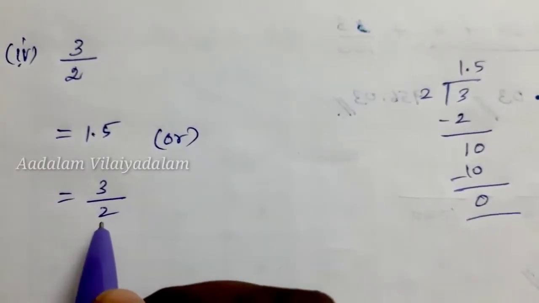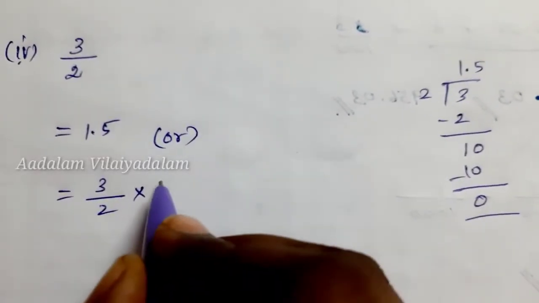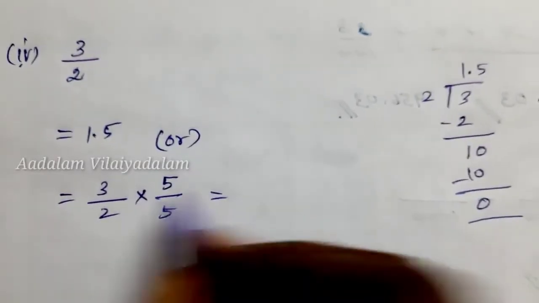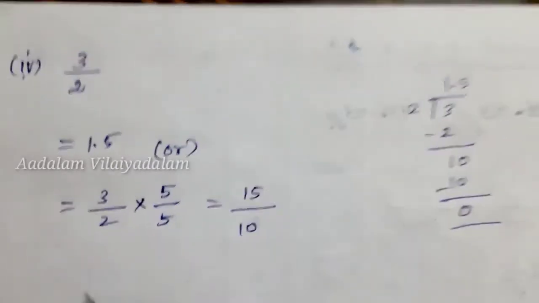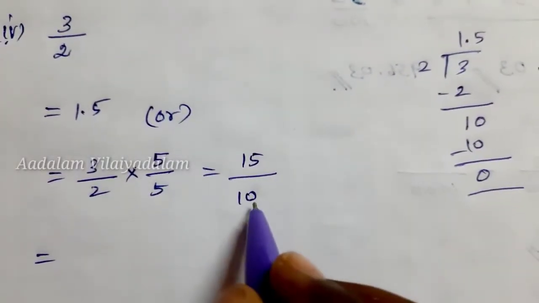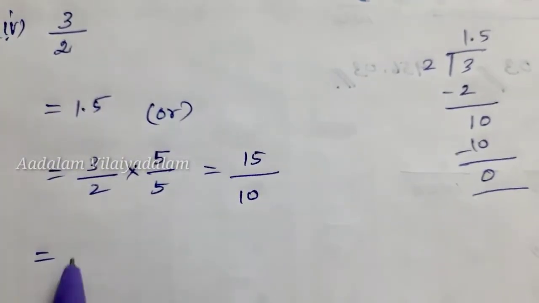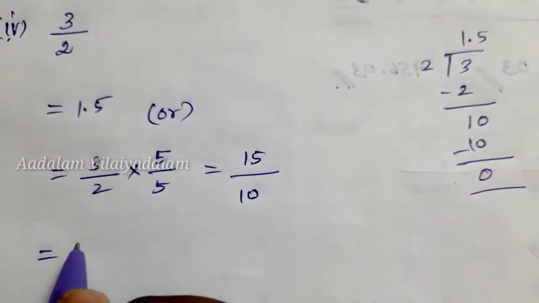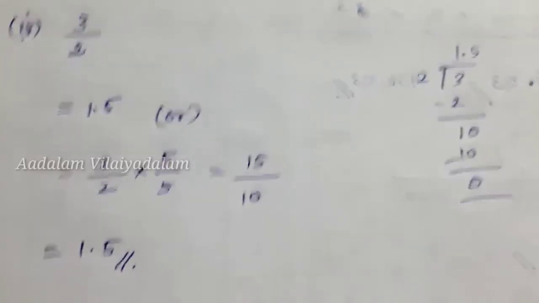So there is only one digit, so we need to change it to 10, that is multiplication by 5. Then I get 3 5s are 15 and 2 5s are 10. There is only one 0 in the denominator. So if we move the decimal from right to left, we get 1.5, which is the required decimal number.